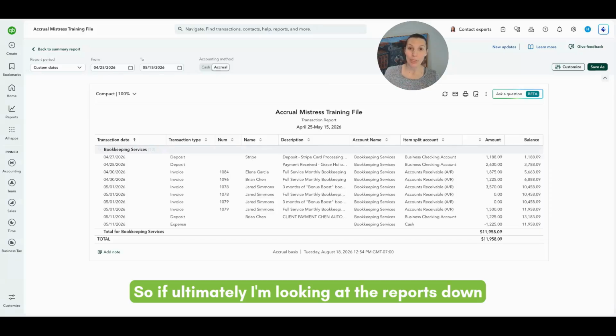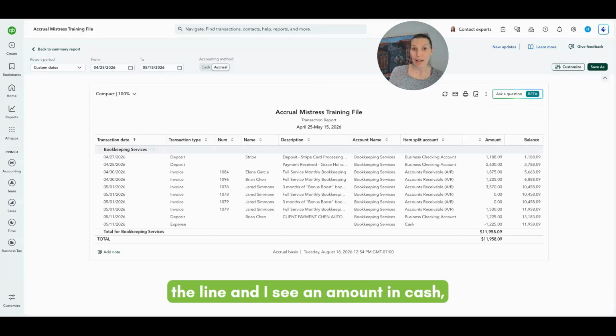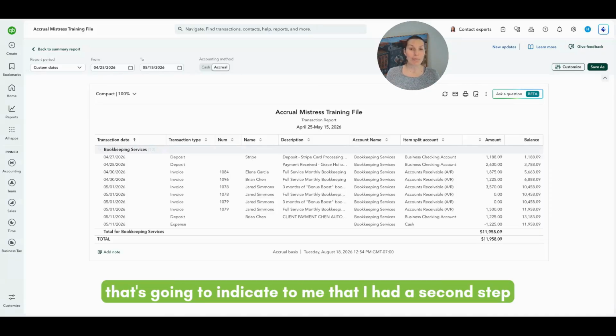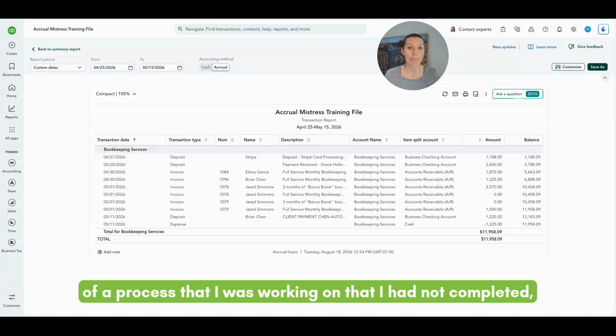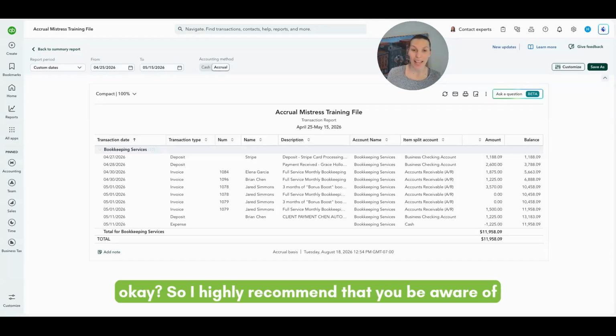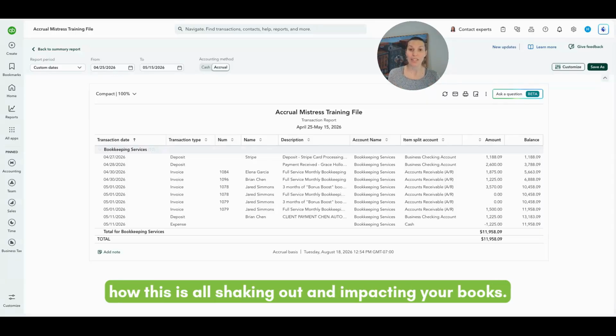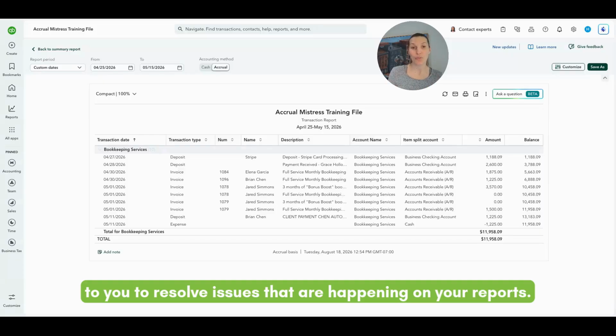So if ultimately I'm looking at the reports down the line and I see an amount in cash, that's going to indicate to me that I had a second step of a process that I was working on that I had not completed. Okay, so I highly recommend that you be aware of how this is all shaking out and impacting your books. But do know that this is an option that is available to you to resolve issues that are happening on your reports.